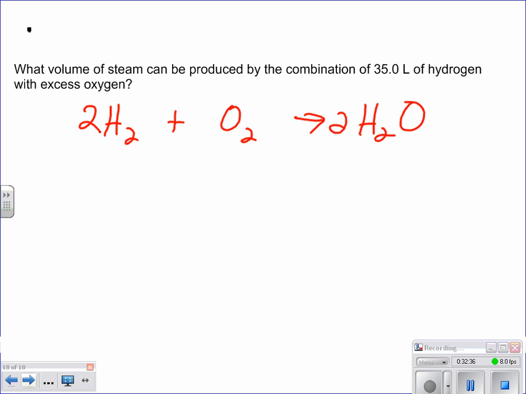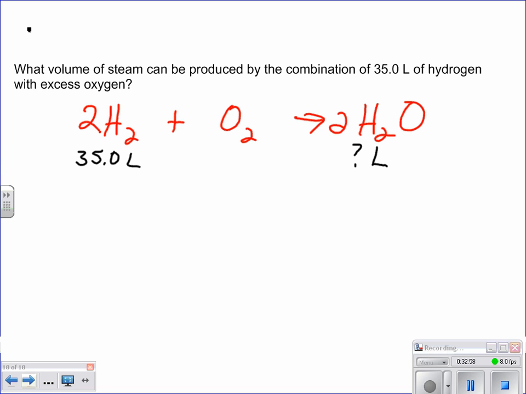It says what volume of steam. So that's liters. That's a gas in that case. It's not as a liquid. And we're going to start by having 35 liters of hydrogen and plenty of oxygen for this reaction to take place. That's not going to limit how much we can do.